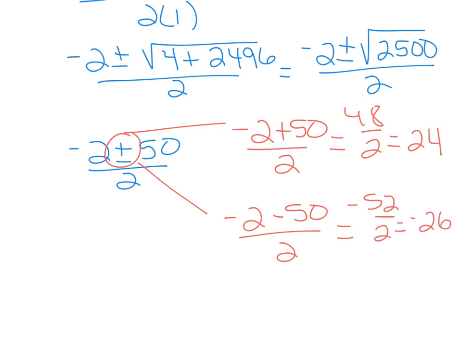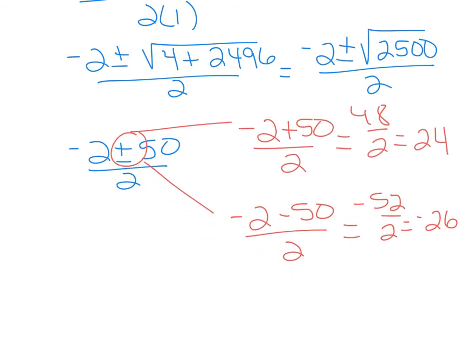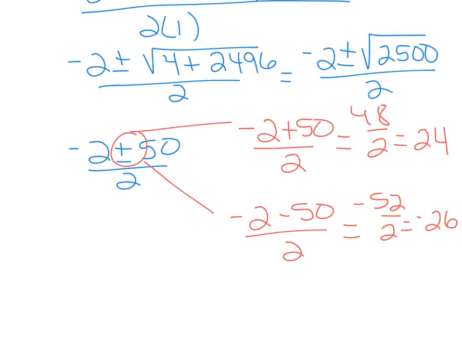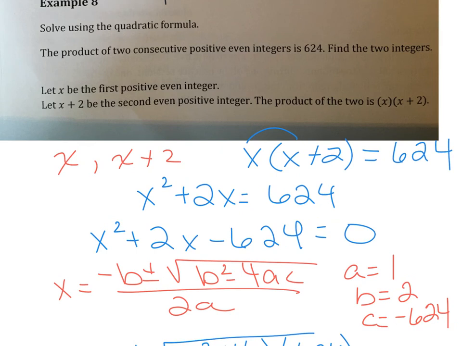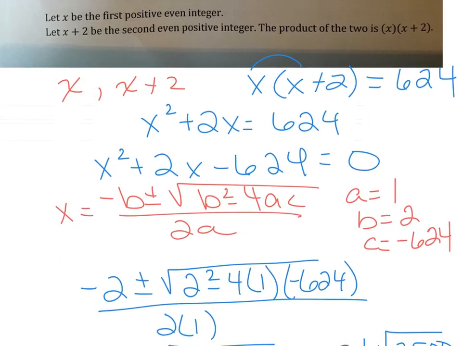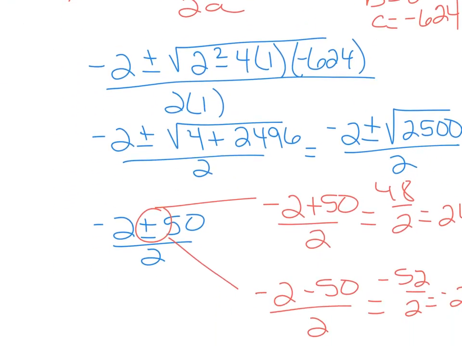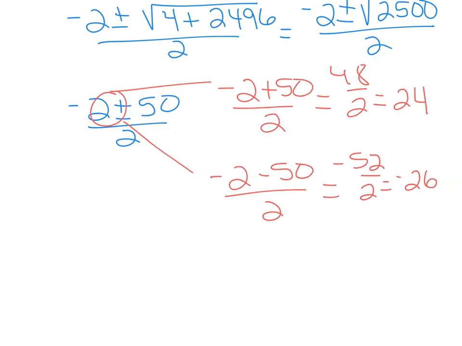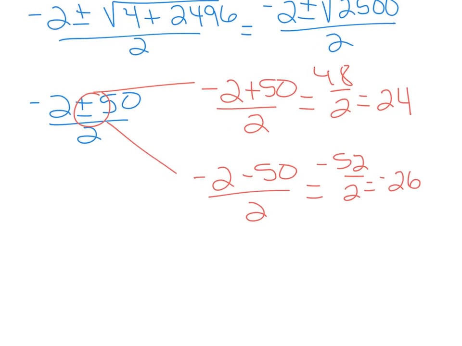Now, if you recall, the question said the product of two consecutive positive even integers, and our solution gave us one positive and one negative. So since we're only looking for positive integers, we can discount this negative solution here. So we're just going to ignore that one.